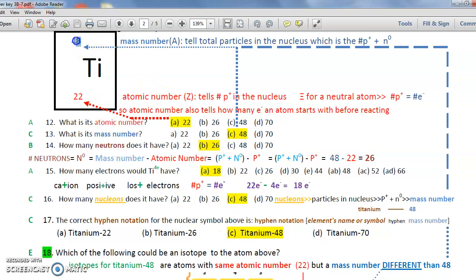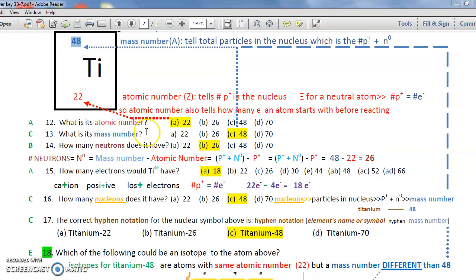Hyphen notation is just trying to tell you the mass number of the atom they're talking about. There could be a titanium-49. It's still titanium. It would have 22 protons. But if it had 49 in the nucleus, 49 minus 22 would be 27. I almost said 47. That one would have 27 neutrons.